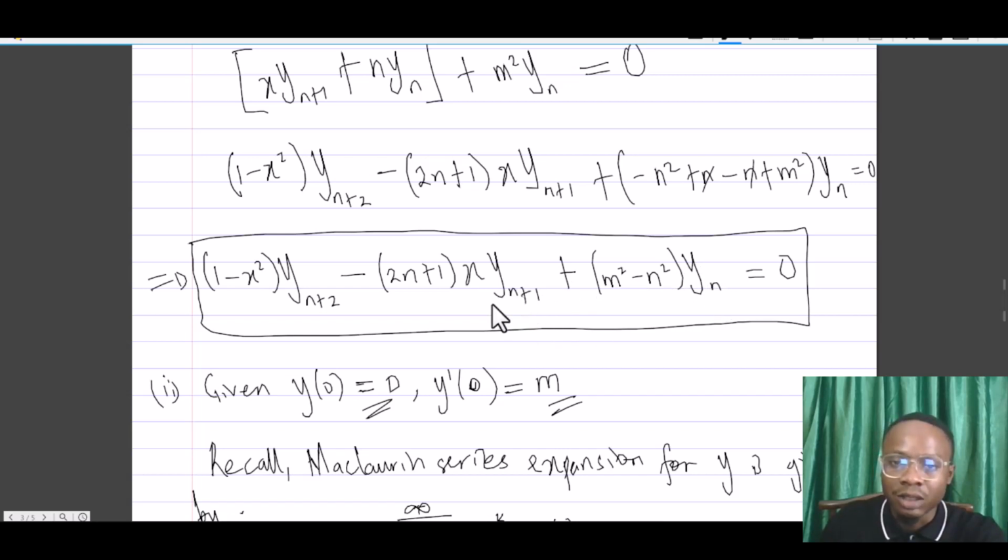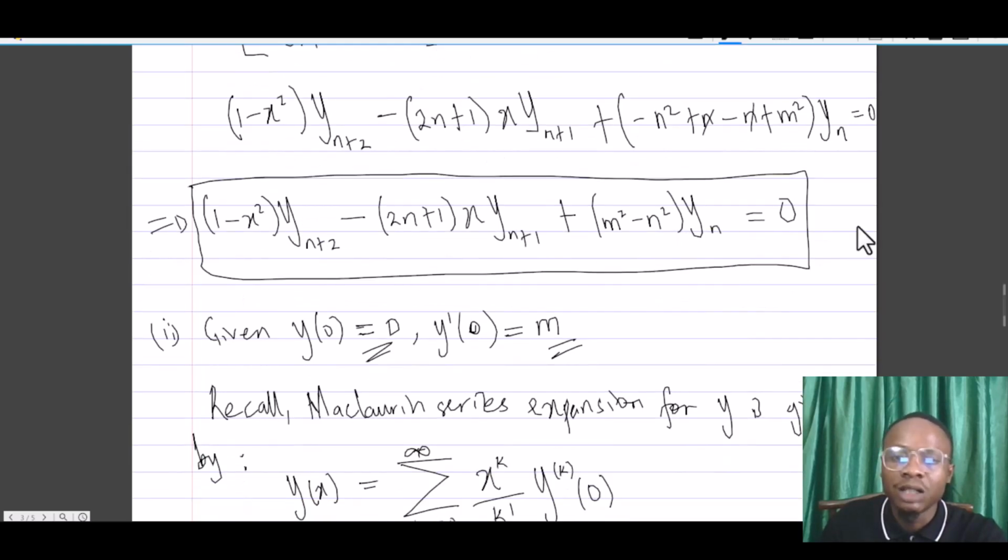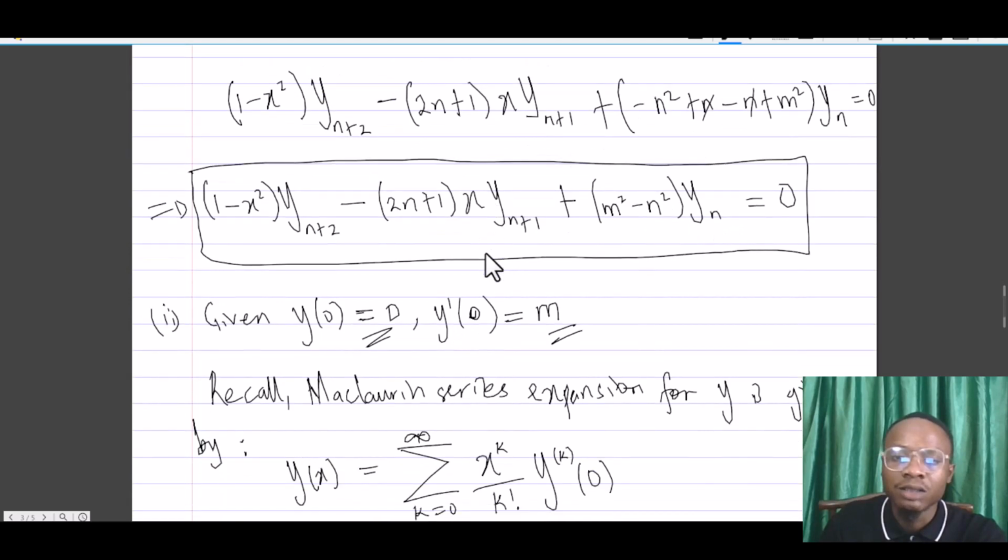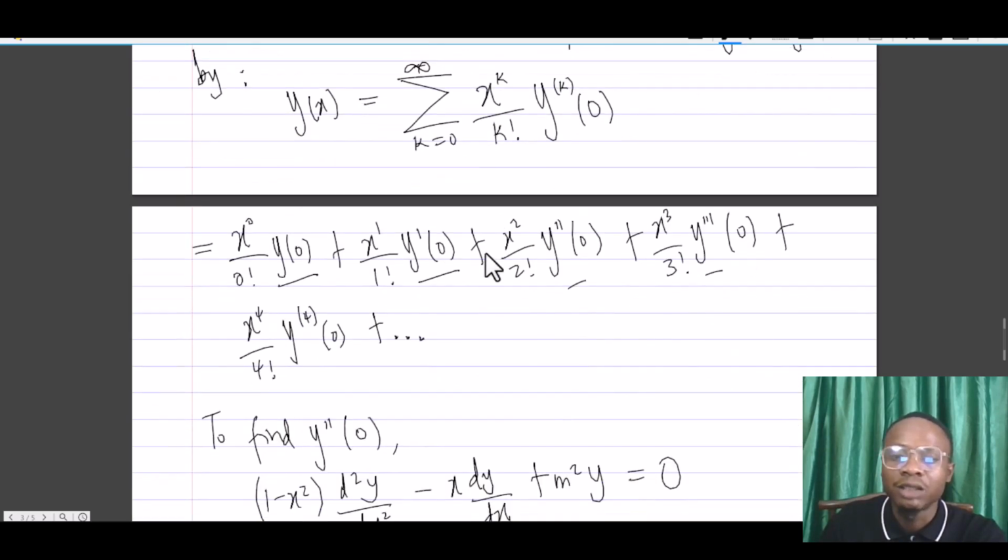We can connect it to the second derivative here and use it to get the third derivative. That means when we set n equal to 1, we can use this formula to obtain the third derivative. And when we have the third derivative, we can set n equal to 2 and use this formula again to get the fourth derivative. So we can get all subsequent derivatives from the point where we have the first and second derivative. That's why this information has been supplied like that.